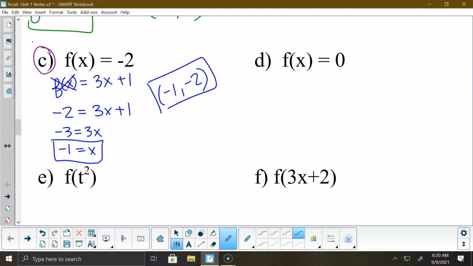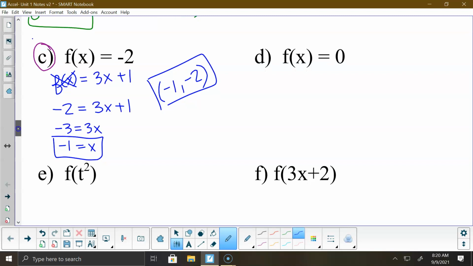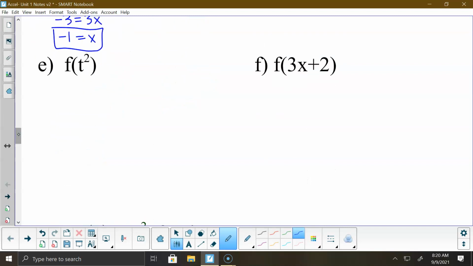Which one would you guys rather do, E or F? Which one looks a little bit more terrifying? E. All right, so still using the same function, where f of x equals 3x plus 1. You don't have to keep writing it like on a worksheet. You would have it and be able to see what you're doing. I just keep rewriting it because mine's 4 feet up into the ceiling.